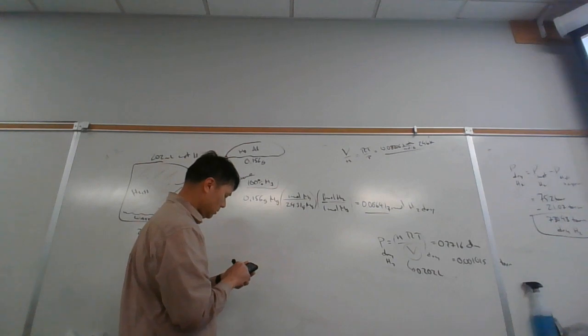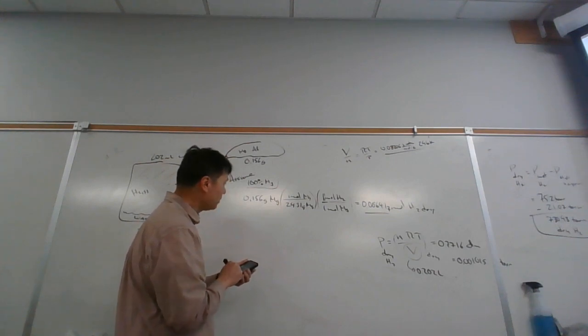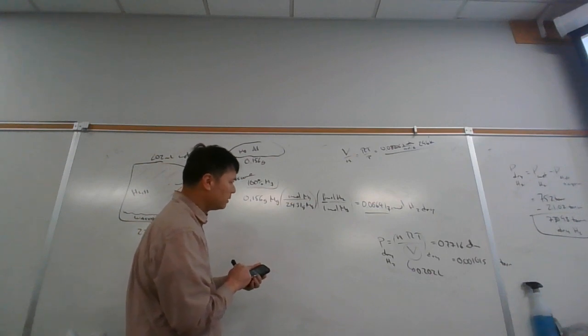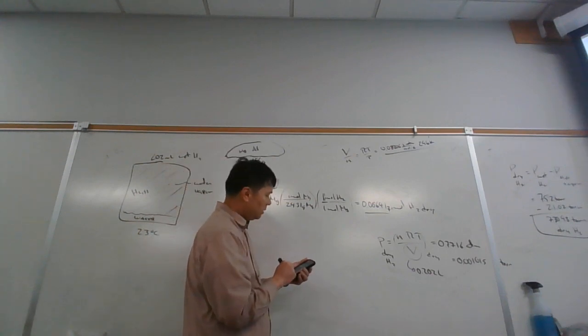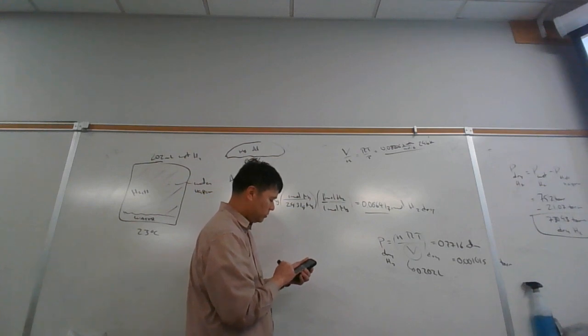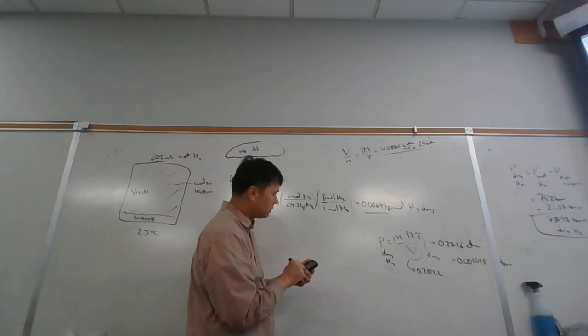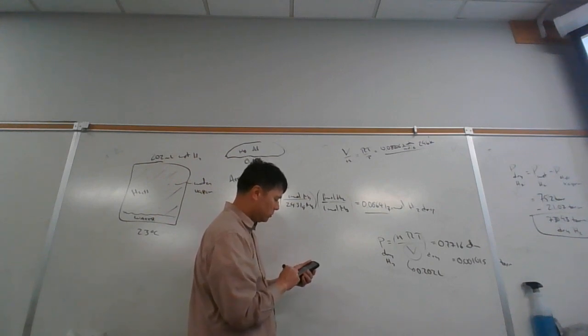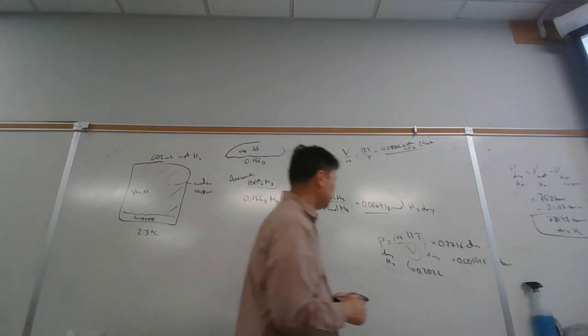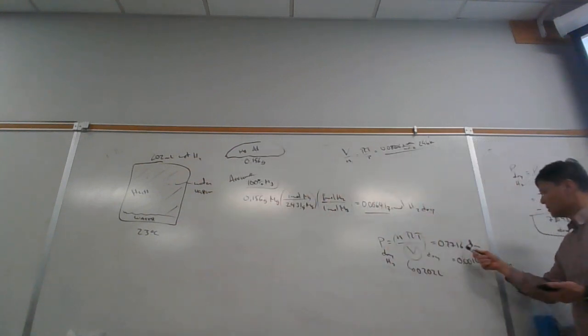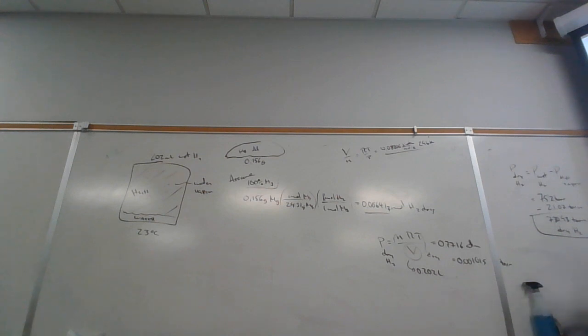0.156 divided by 24.31 times n, or 0.08206 times T, 296, divided by V, 0.202. Yeah, 0.7716 atmospheres.